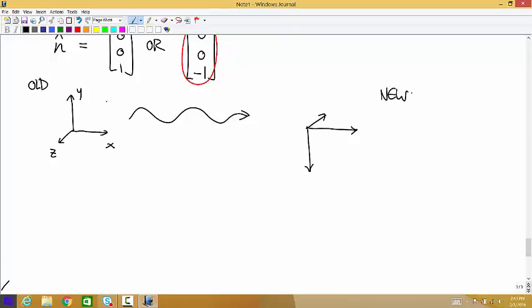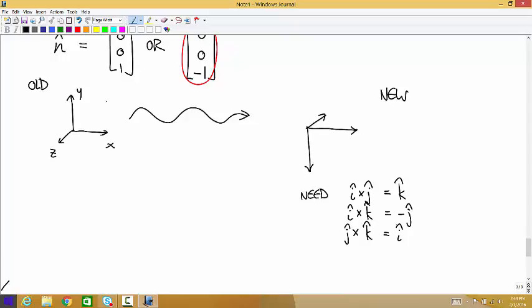And now we have to label them in a way that meets the requirements: i cross j equals k, i cross k equals negative j, because y always has to be the difficult one, and then j cross k is equal to i.